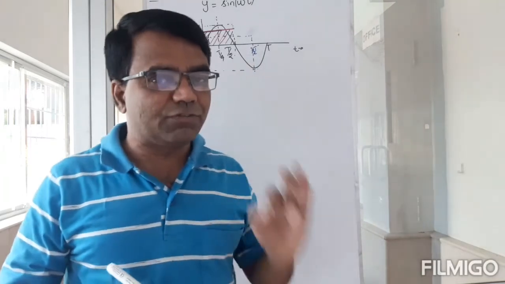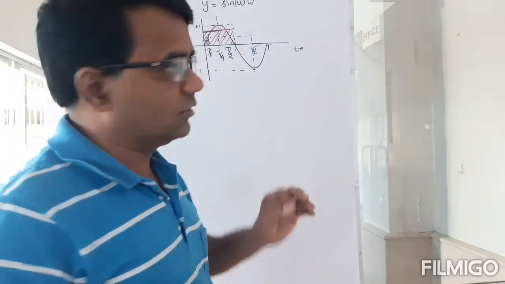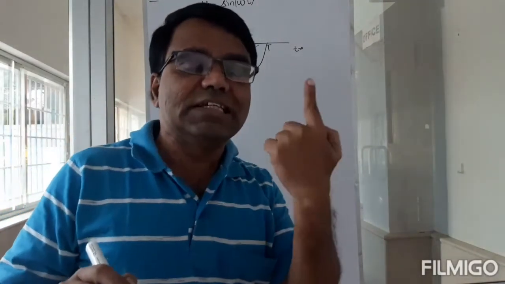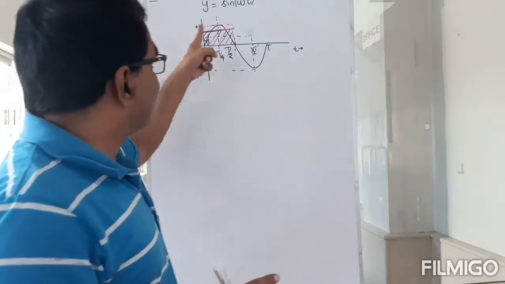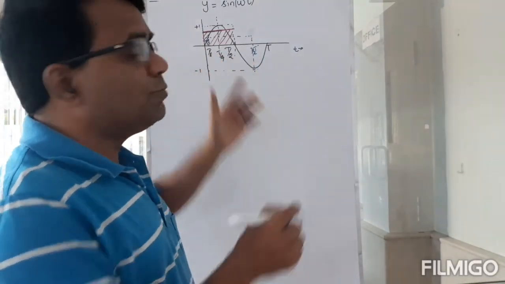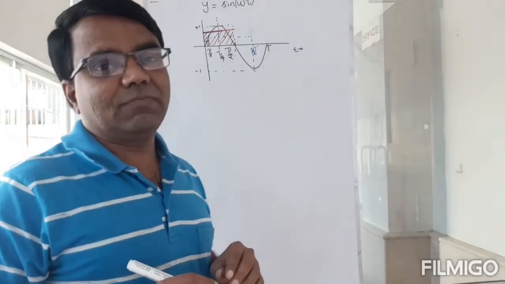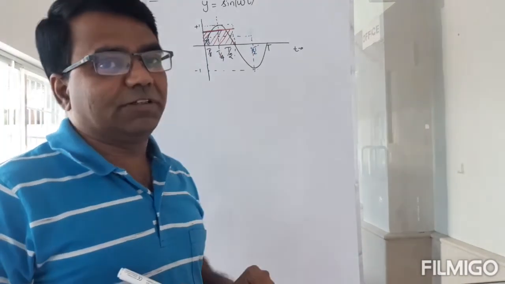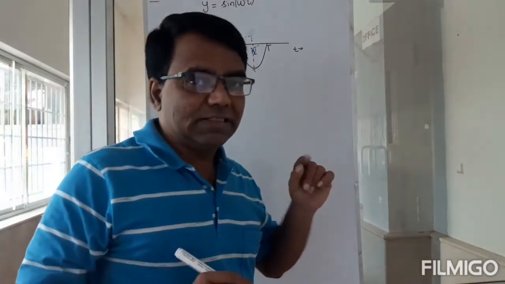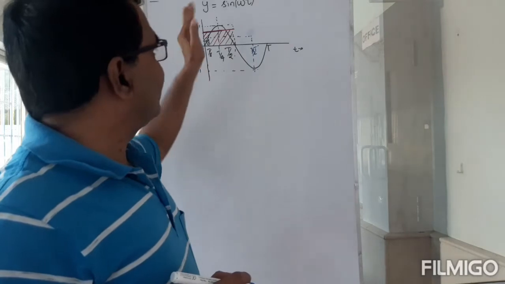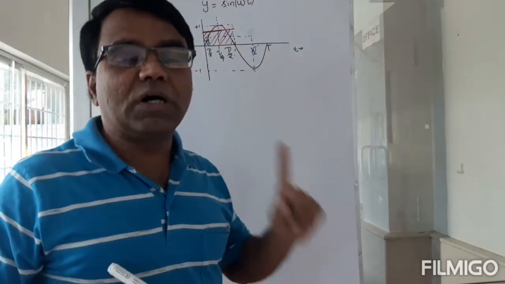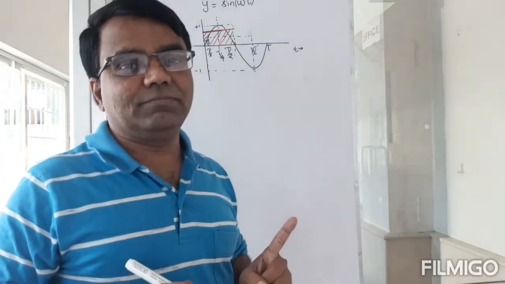So the average value of a sine function, you can't assign this a single average value. I told you, there are many different average values here, depending on how big the time frame you have taken. You have to be careful about the time frame. So, let me say this. The average value of a sine function over one cycle is 0.